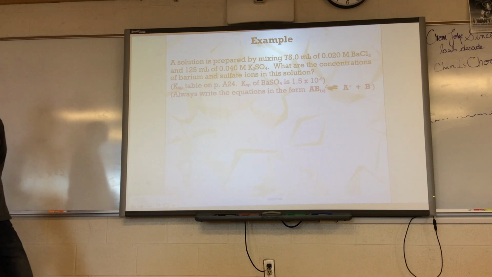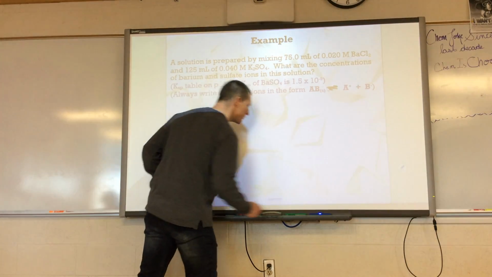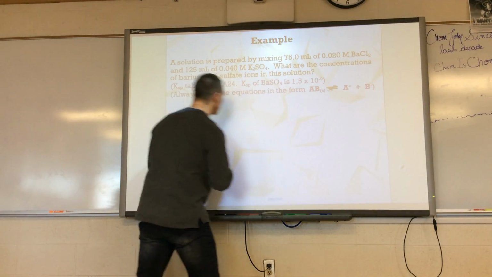So the writer of this problem was kind. They also told us what the precipitate was going to be. That just saves us from having to figure it out. They gave us the KSP value of barium sulfate. That's going to be the precipitate. Okay, so I'll give you a flash for this one.